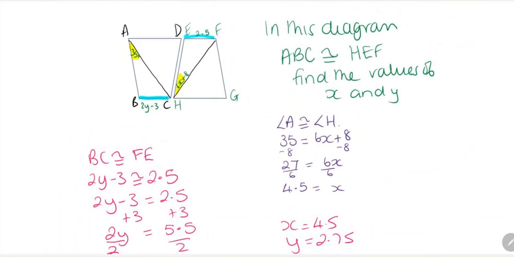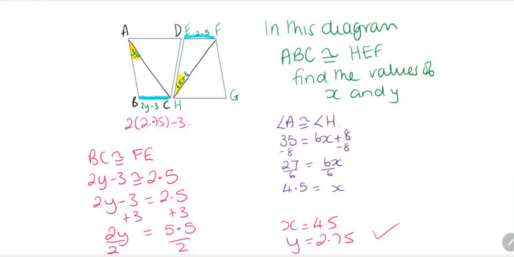So if we check, we'll substitute 2 times 2.75 minus 3. So we got 2.75 multiplied by 2, minus 3, and that is 2.5, which is equal.